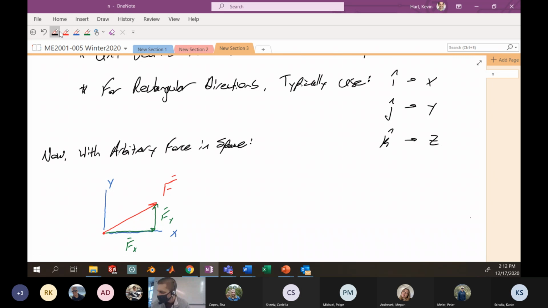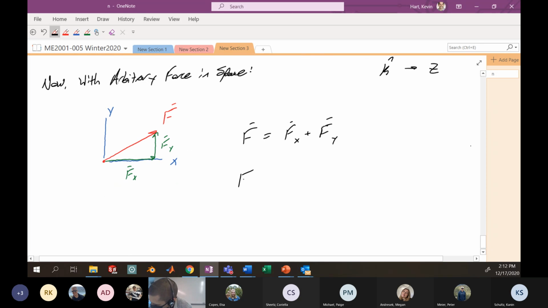By our vector addition, this is Fx plus Fy. And if I happen to know the magnitudes of those forces, the magnitude of the force Fx and the magnitude of the force Fy, I could represent my vector F as the magnitude of the force in the X direction along that X direction, so i hat, plus the magnitude of this force in Y along that particular direction, j hat.